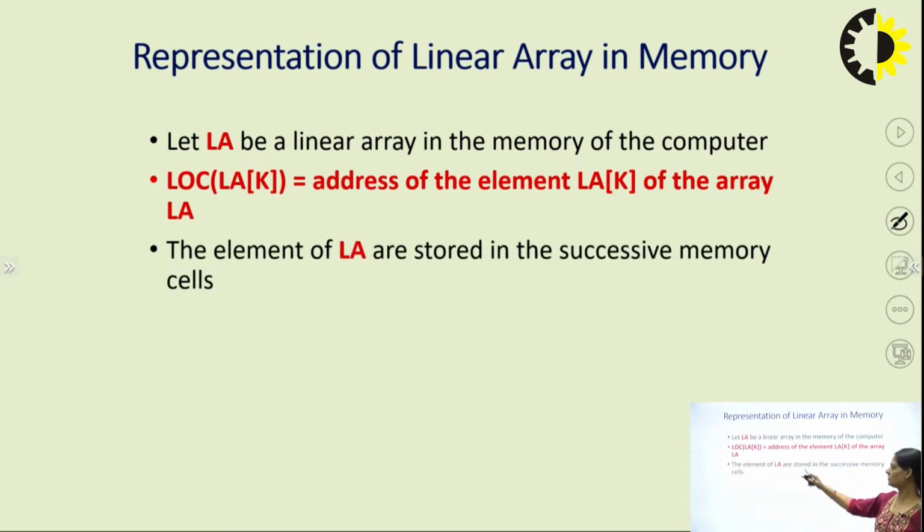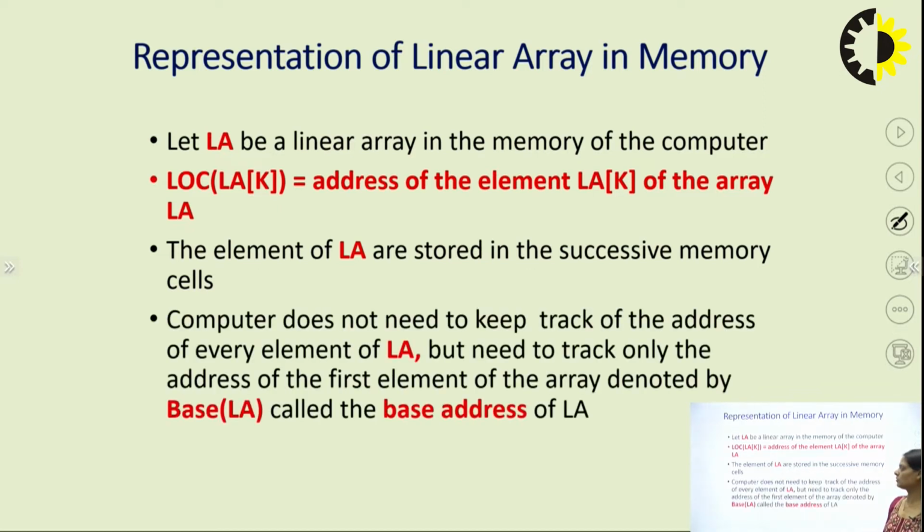Now, the elements of the array are stored in successive memory cells. So, the computer does not need to keep track of the address of every element of LA, because we have seen that the addresses increase in their own way. It depends on the number of bytes each element takes, and it is stored in a contiguous form.